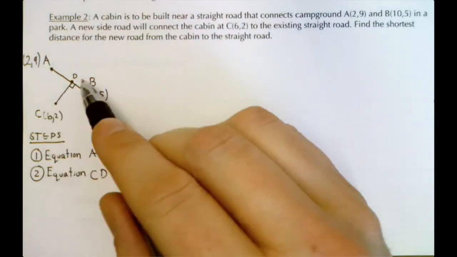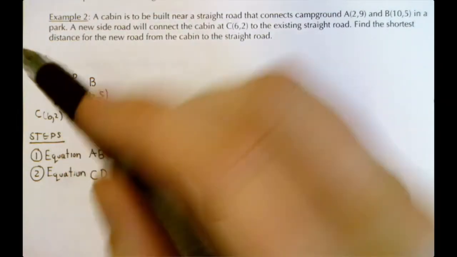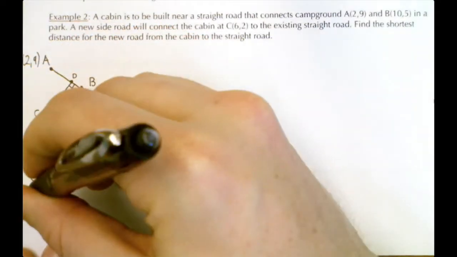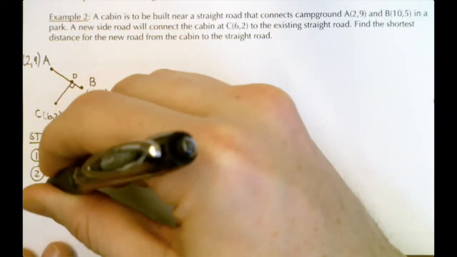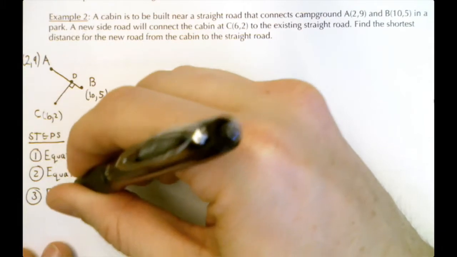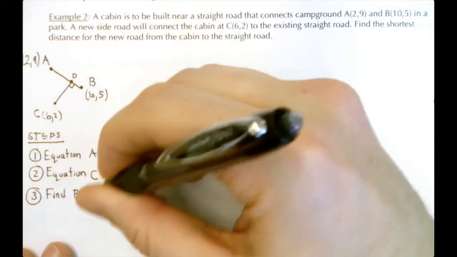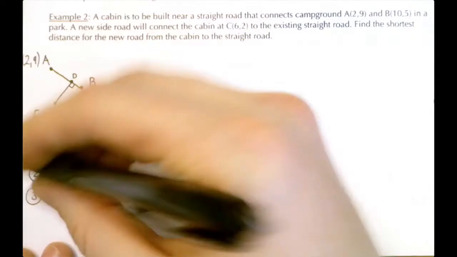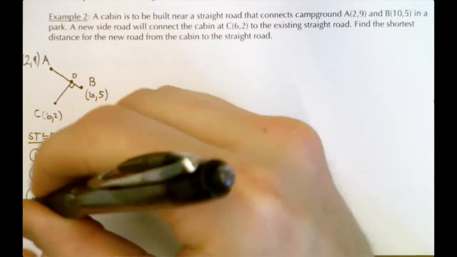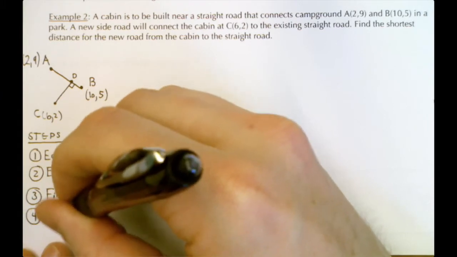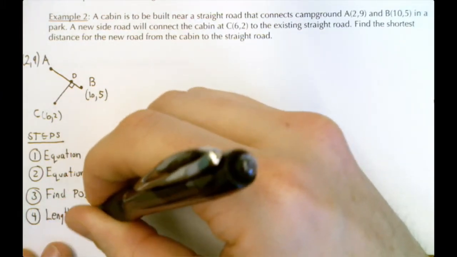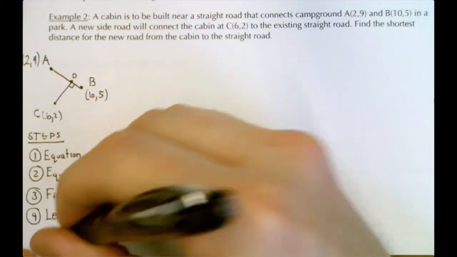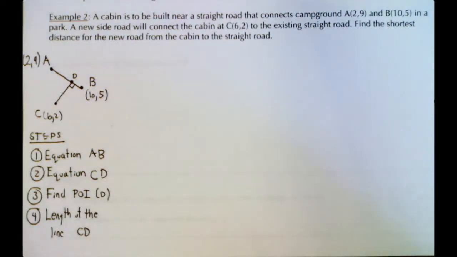Once you know the equation of two lines, if you want to find the point where they cross, that's the POI. And the POI on that picture is D. Once you find the point D, then you find the length of the line CD.